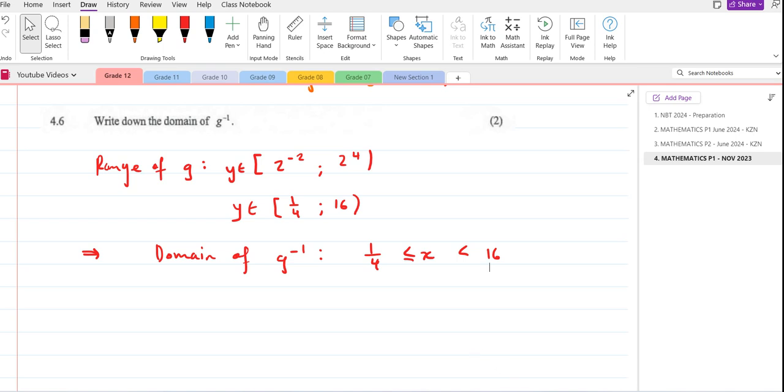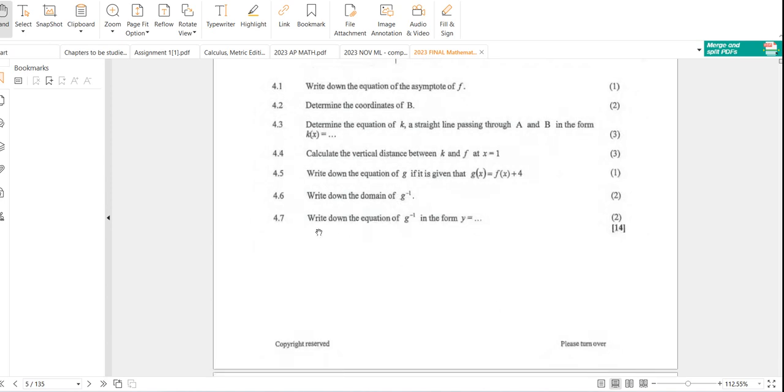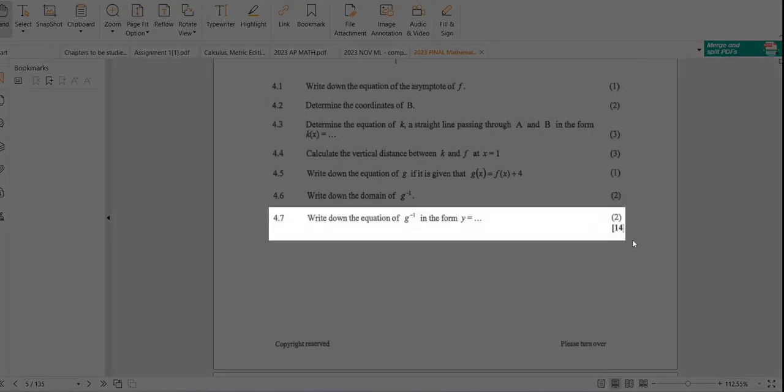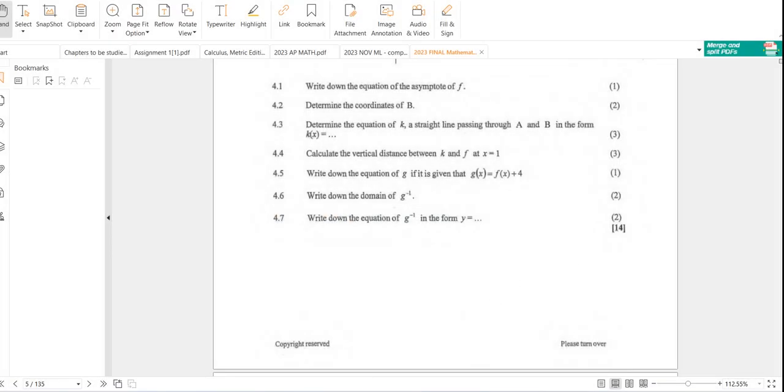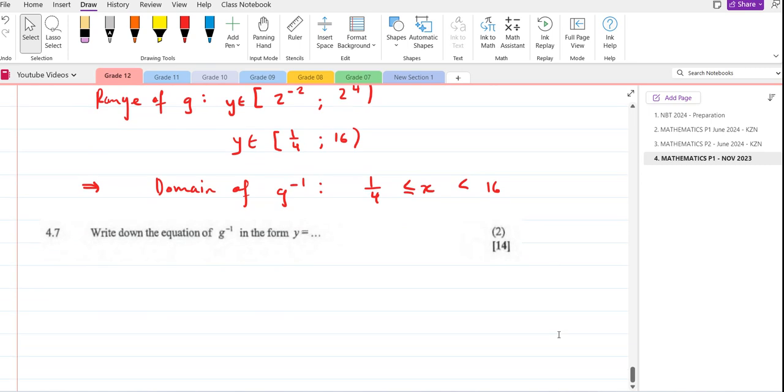Next question is, write down the equation of g inverse. Write down the domain of g inverse, we did that. Write down the equation of g inverse in the form y equals. You know the inverse of exponential is a log graph. So we start with the g graph, which is y equals 2 to the power x. For g inverse, switch the x and the y, so x equals 2 to the power y. Now solve for y.